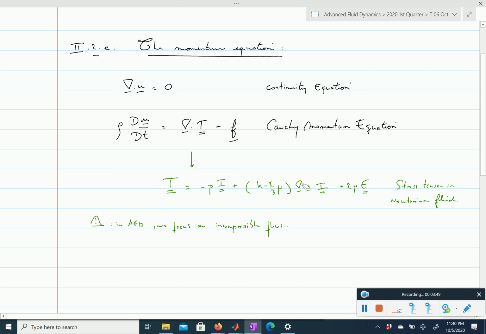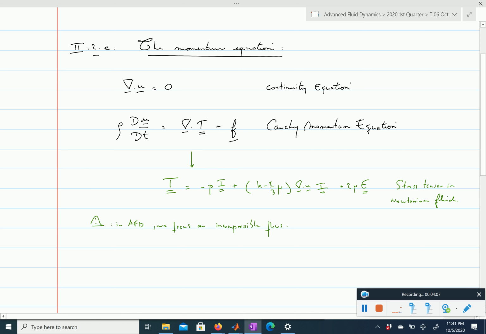When divergence is positive, think of it as an expanding control volume, and so the bulk viscosity is really related to compression and extension of material elements.